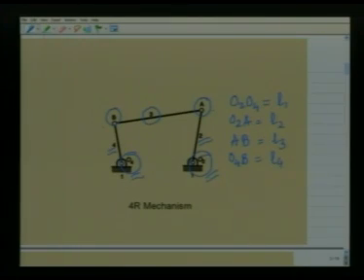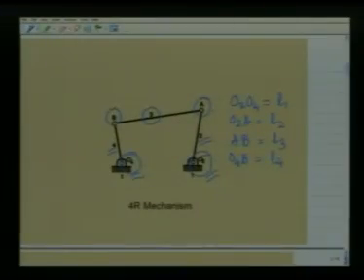If one of the links connected to the fixed link makes a complete rotation, as is normally the case when the mechanism is driven by say an electric motor, then that link is referred to as a crank. And the output link, say link number 4, is called the follower. And the intermediate connecting link is called the coupler.